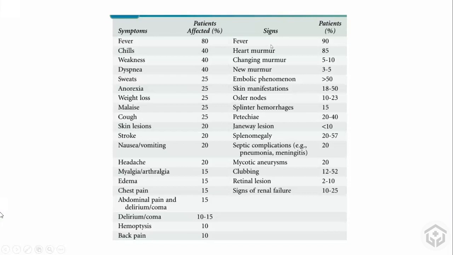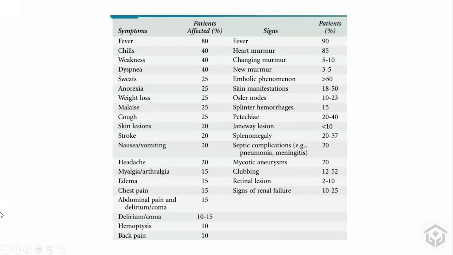Apart from the fever, another common sign is the cardiac murmur. Then there are embolic phenomena and skin manifestations: Osler's nodes, the painful lesions in the fingertips; splinter hemorrhages that you look for under the nail bed; and Janeway lesions, non-painful hemorrhagic lesions on the palms and soles.